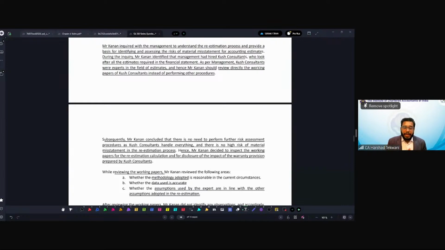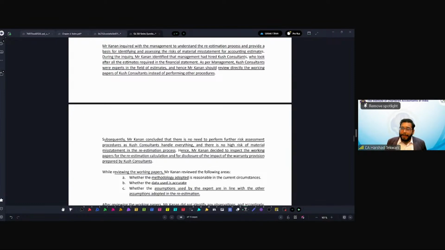As a result, it is necessary for me to perform the risk assessment procedures. Going directly to the working papers without risk assessment will not give me any comfort, because I never knew how much risk is there. There could be a chance of fraud risk. There could be a risk of management bias.